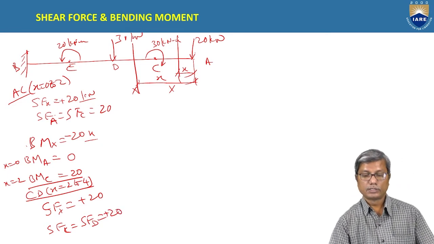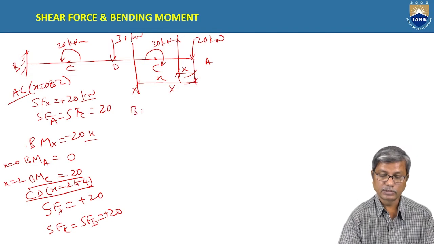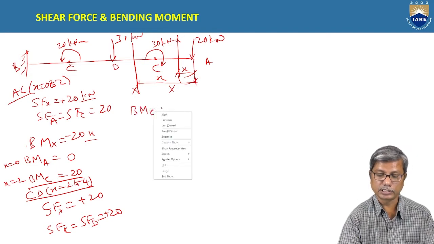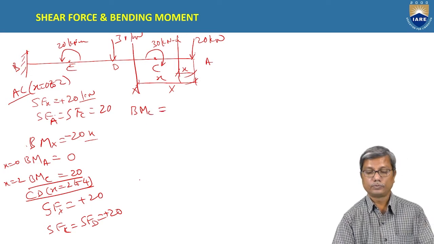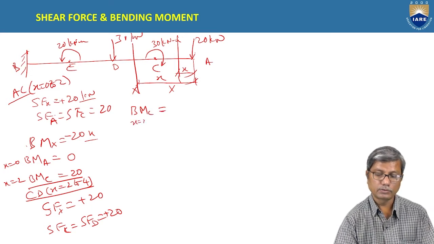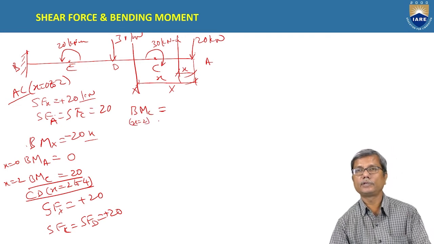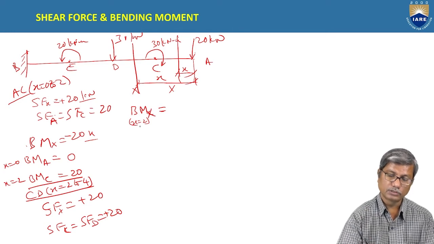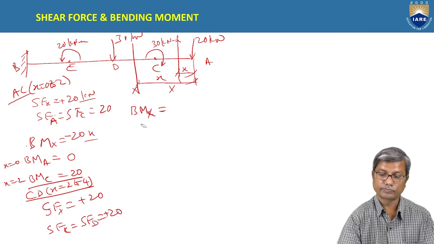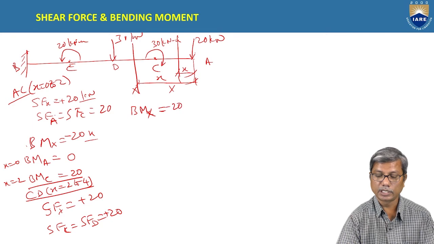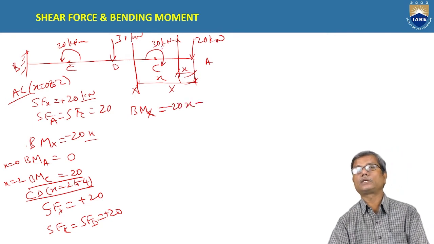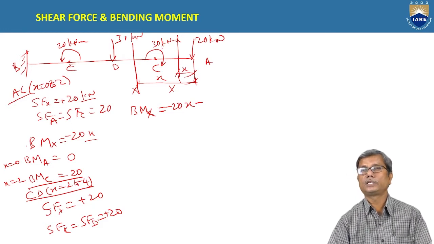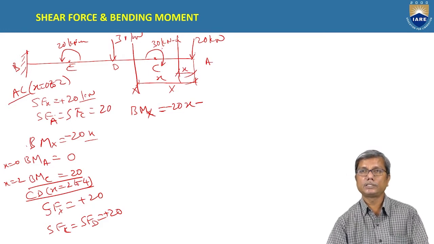Now coming to bending moment. What is the bending moment at C, that is at x equal to 2? First write the bending moment equation. The bending moment at section x is 20 minus 20 into x. And this couple comes into the picture now, as we are considering the section between CD and the right hand side.